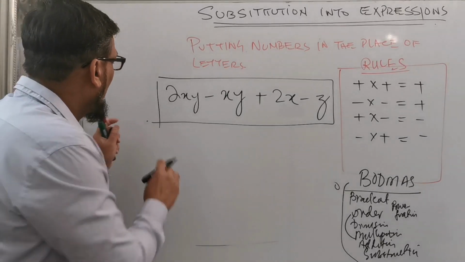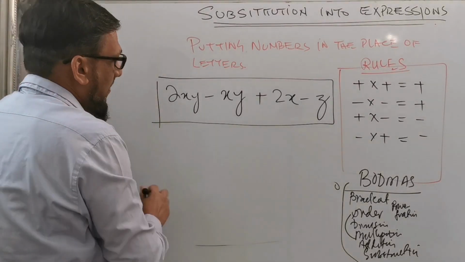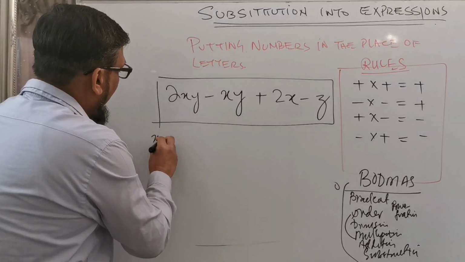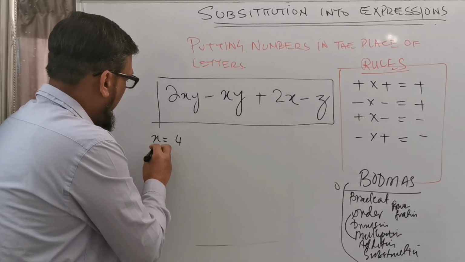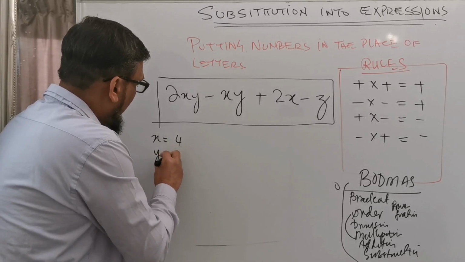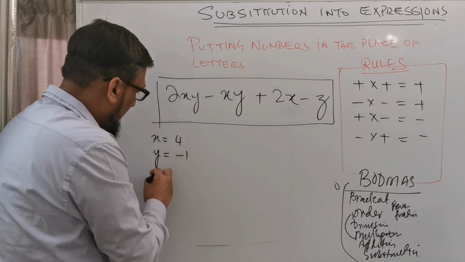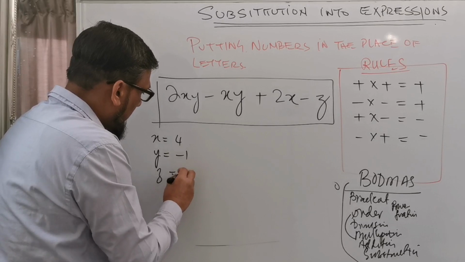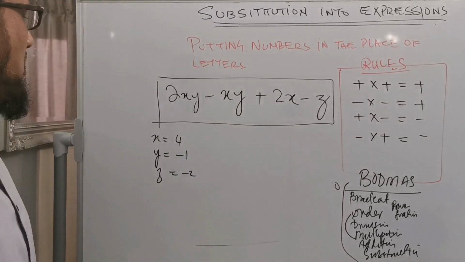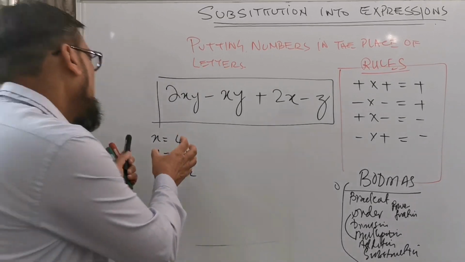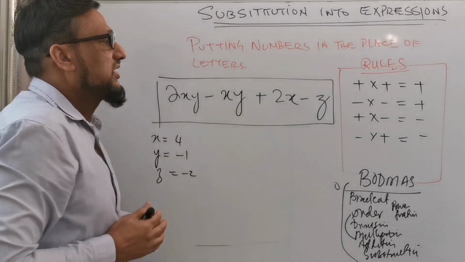And the values given for substitution are x equal to 4, y equal to minus 1, and z equal to minus 2. So what we are doing, we need to substitute these values into this expression.